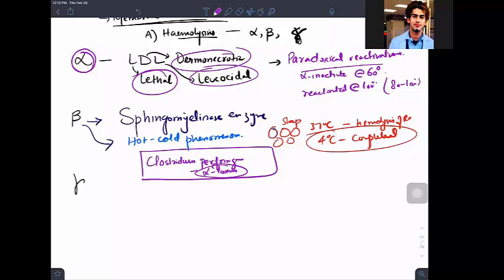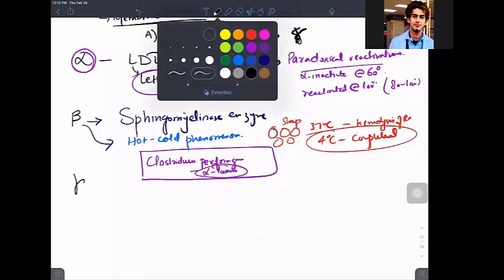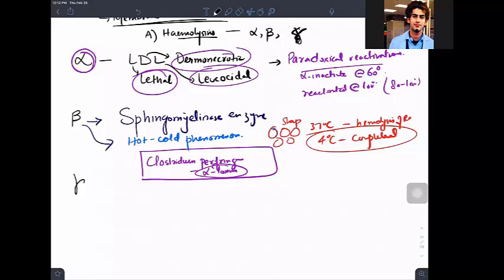The third thing we should mention is that gamma hemolysin is basically a dual toxin, a bicomponent toxin. What is this bicomponent toxin?